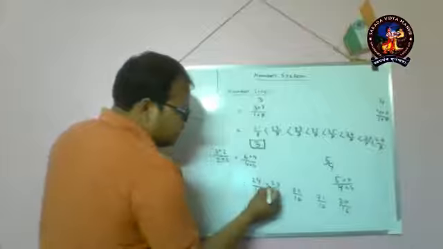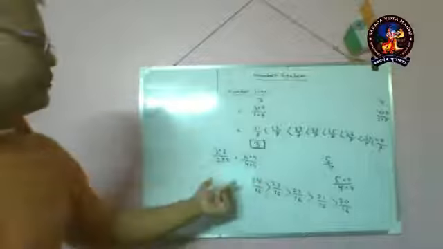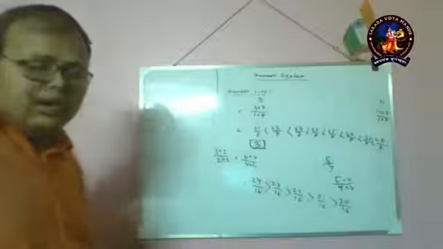Now this will follow the greater than sign. So these are the 3 rational numbers that can be inserted between these two given rational numbers. Obviously fractions are also rational numbers, so both are the same.